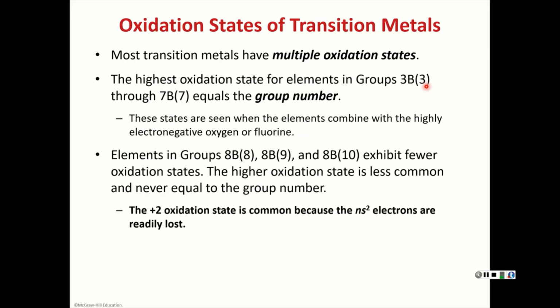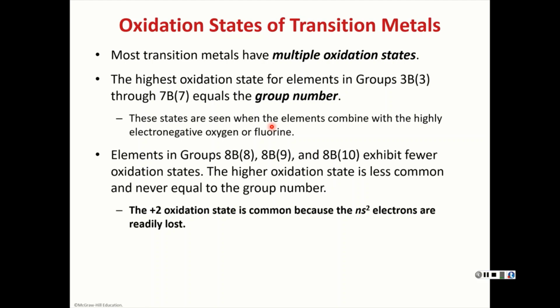So for columns 3 to 7, the maximum oxidation state equals the group number. The maximum state is really seen when you're combining them with very electronegative things like oxygen or fluorine that can pull all of those electrons possible away from them.